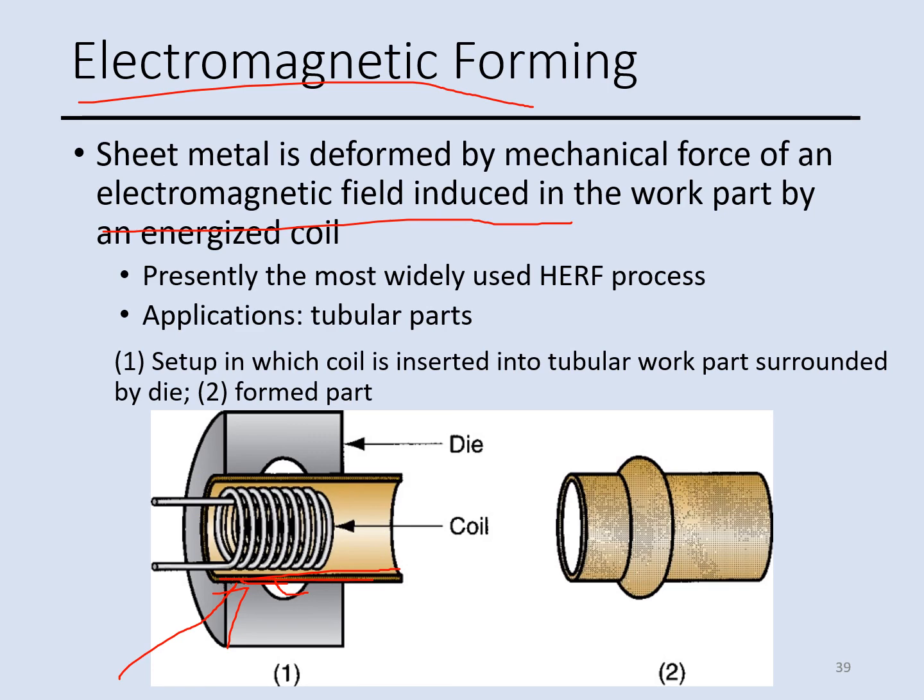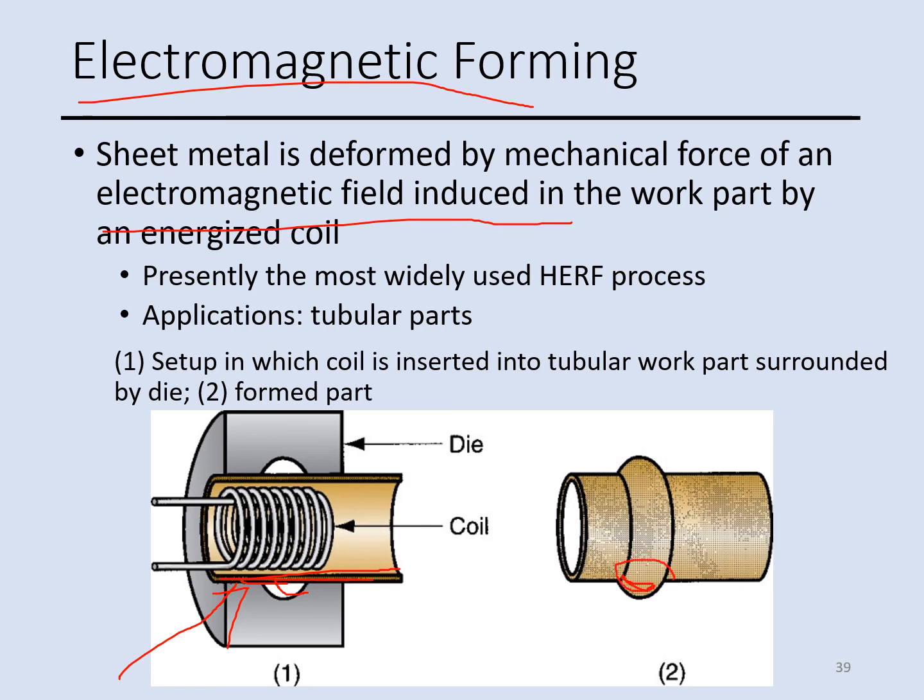And that eddy current in the workpiece produces its own magnetic field, here in this pipe for example. That induced field will be opposite the primary field, and it generates a mechanical force, and that mechanical force will deform the part like the surrounding cavity.